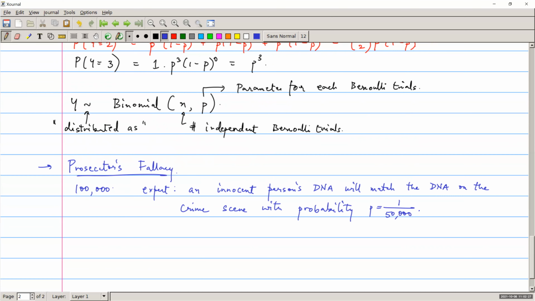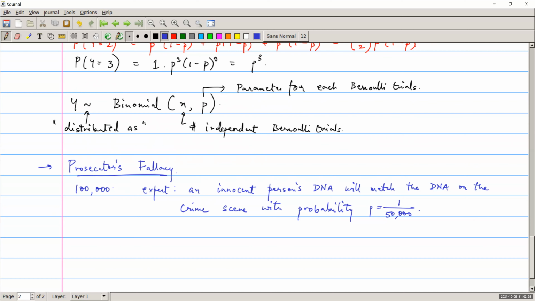When I said this, many of you said a statement that was very interesting to me: that there are probably going to be two matches, even if everyone is innocent. What you did was multiply 100,000 by 1 over 50,000. That's a very interesting thing to do, and we'll see what exactly the multiplication gives you.